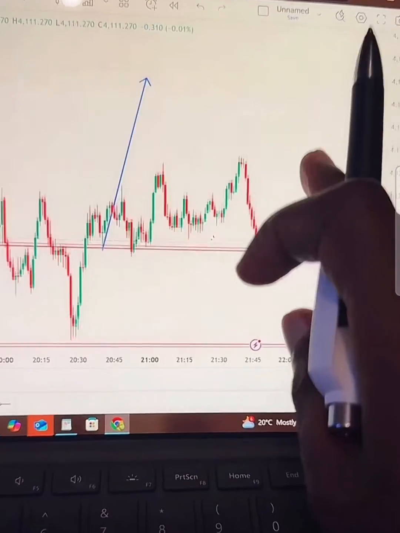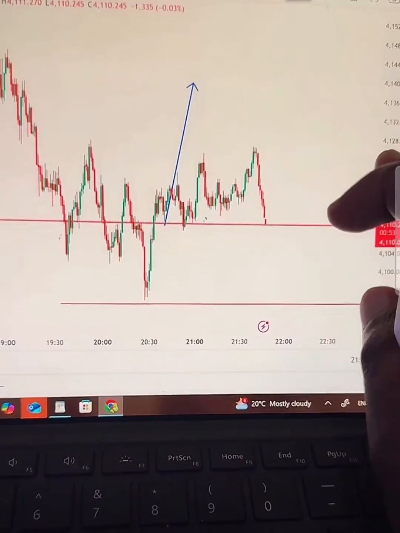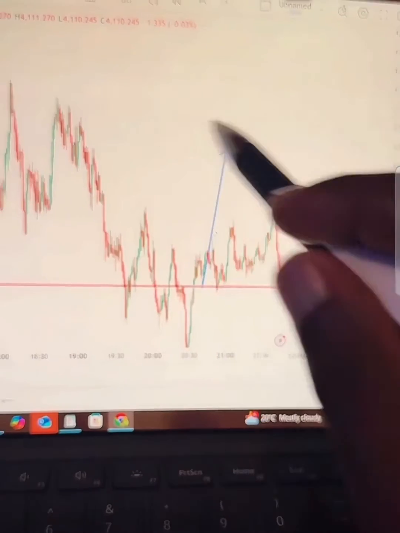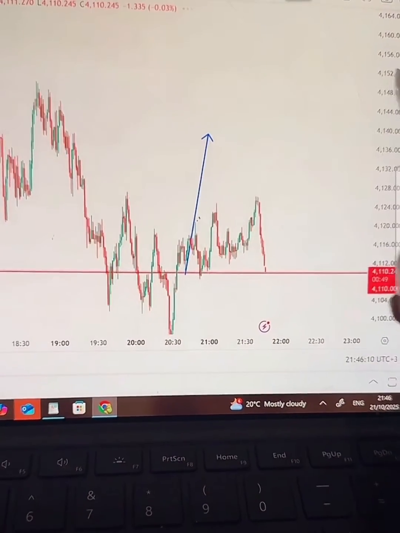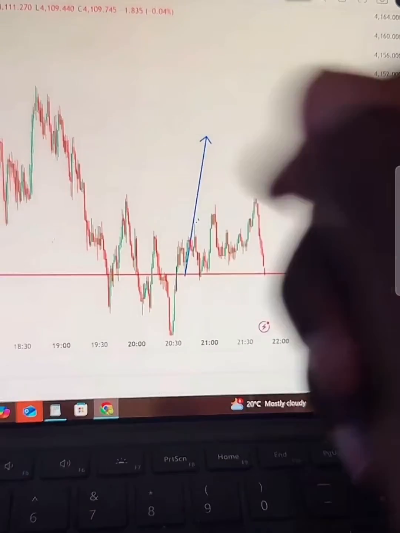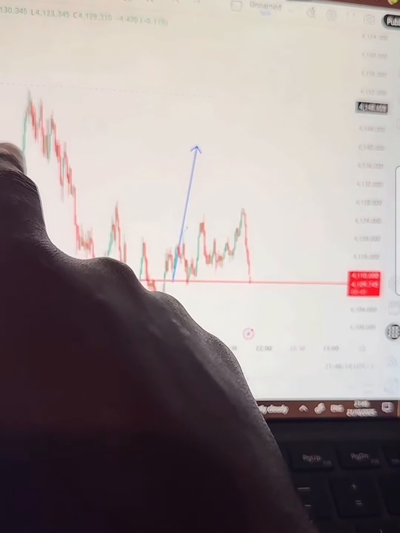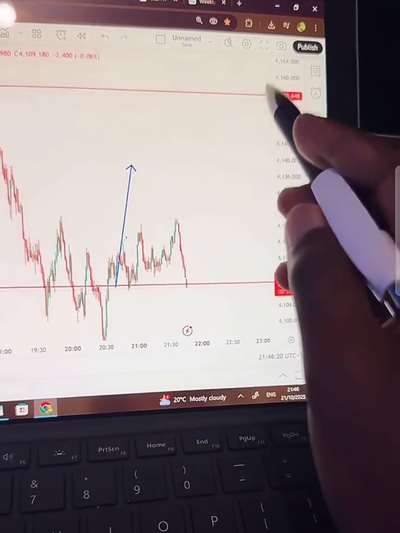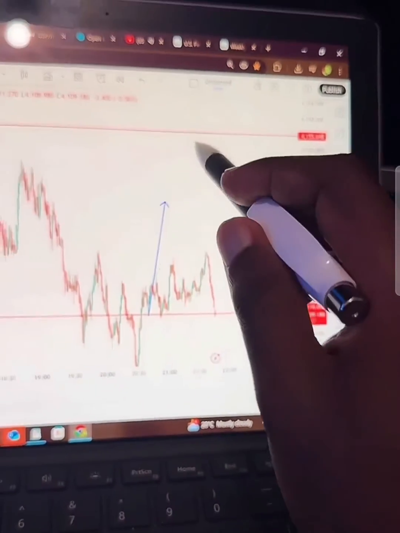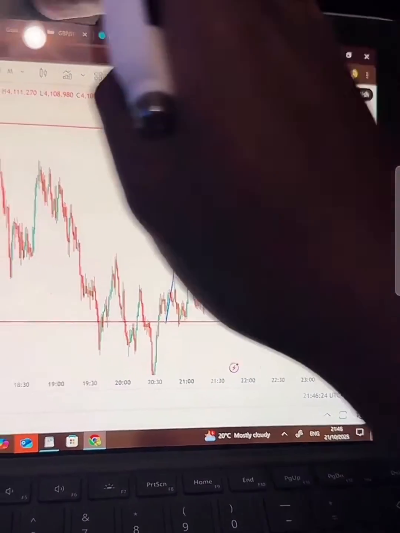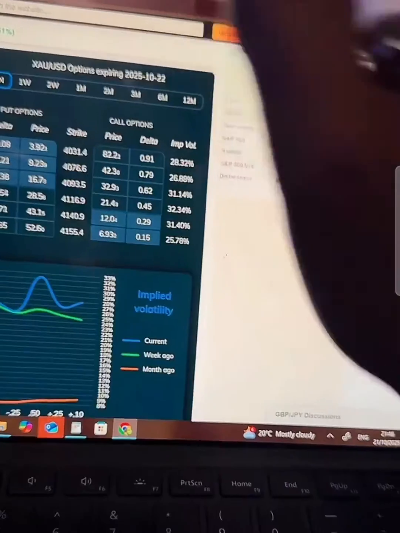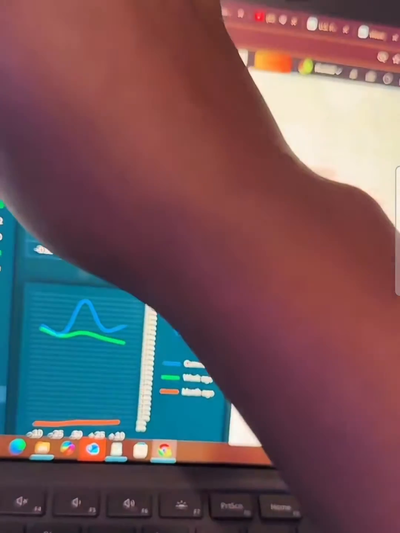Where is 4155? It's up there, around this specific area, 4155. This area here. Up on 4155 is currently at that specific level. So there's a high probability of reversal at 4155. And the other one will go to 4140.